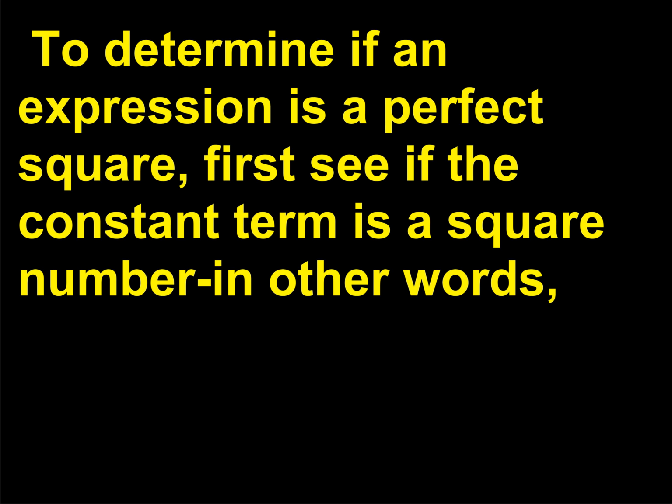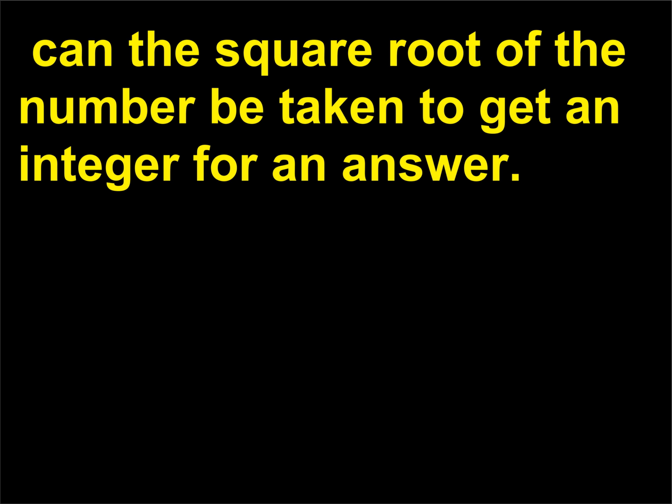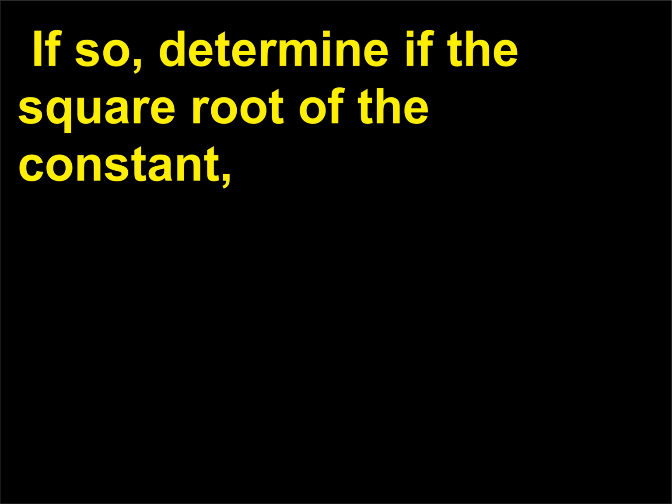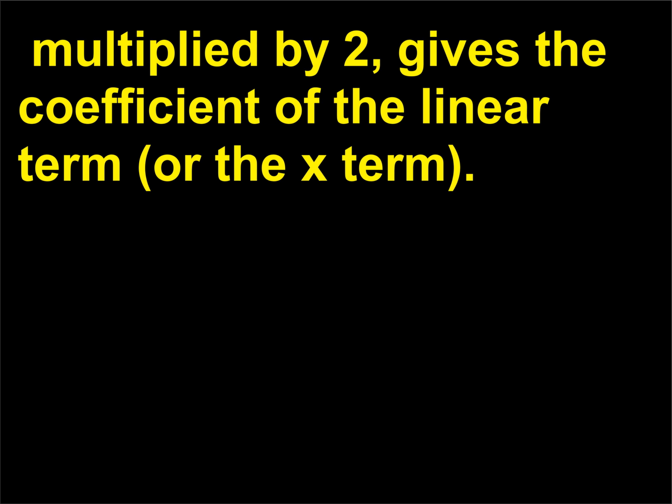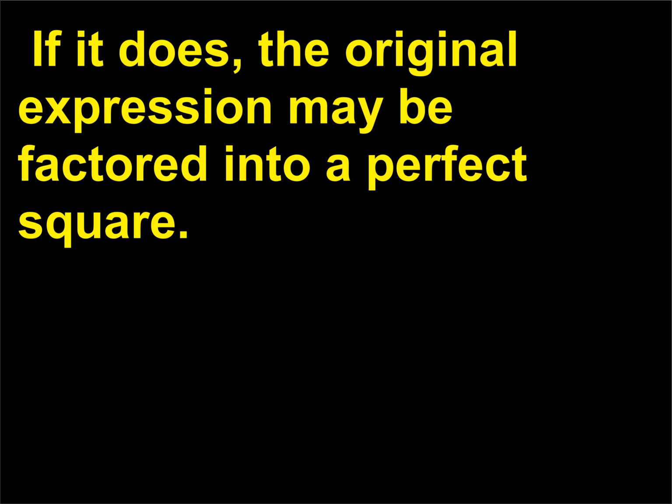In other words, can the square root of the number be taken to get an integer for an answer? If so, determine if the square root of the constant multiplied by 2 gives the coefficient of the linear term, or the x term. If it does, the original expression may be factored into a perfect square.